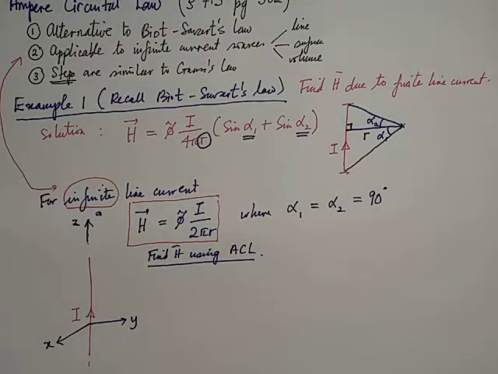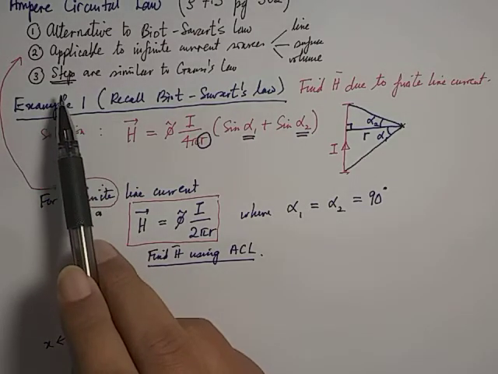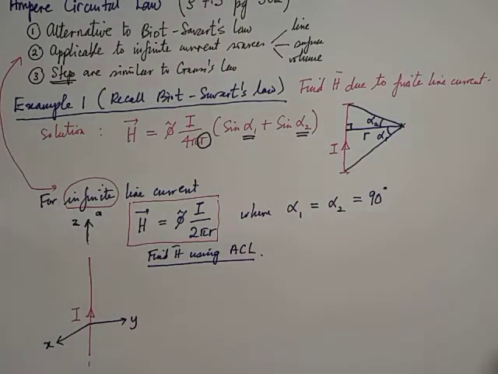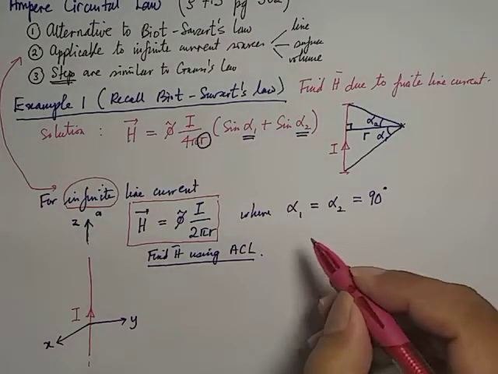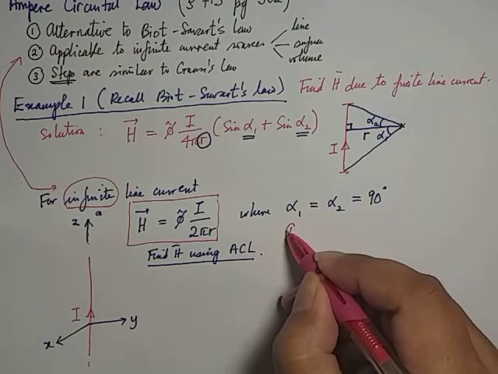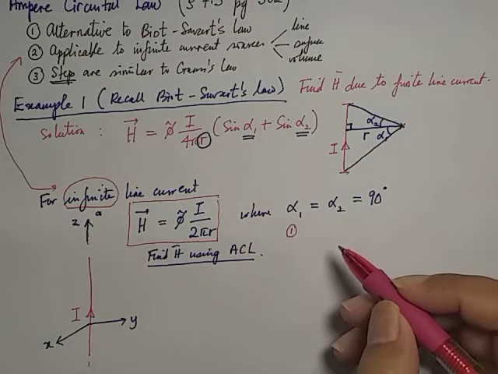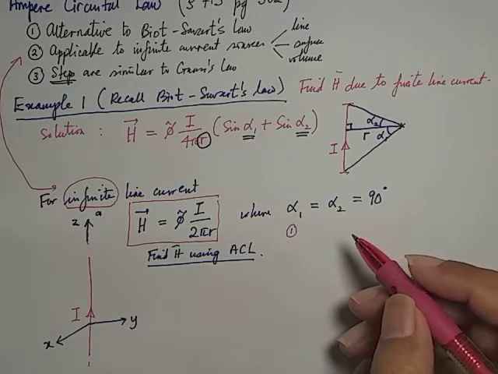Okay, so remember point number 3, when we want to solve ACL, the steps are similar to Gauss law. So what should be the first thing we must decide when we want to solve problem using Gauss law? Okay, so we just revise ourselves now. Yes, what should be the first step that we should use? Good, we're going to choose the proper coordinate system.